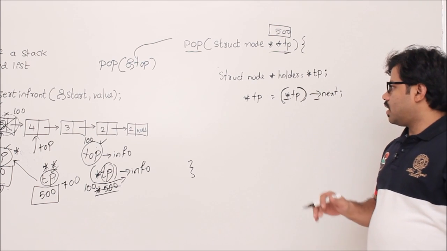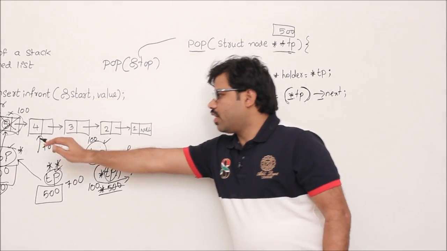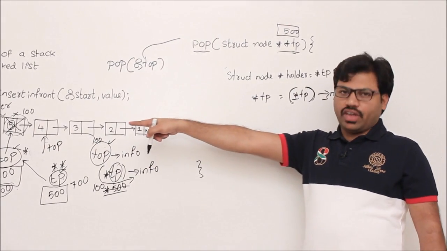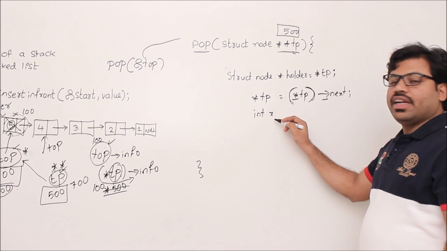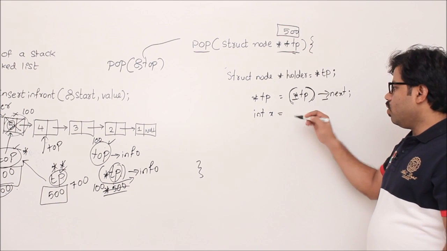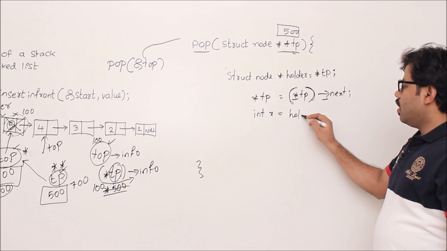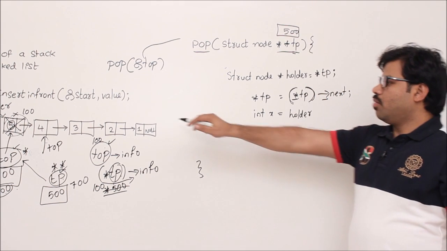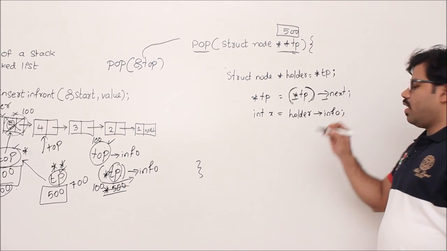Now, after that, what do you want to do? We have incremented our top. The only thing is we want to free it, correct? Before freeing, I would like to take the data. Let's take one more integer variable x equal to the data. Where is the data currently? Holder contains it, correct? Holder is pointed to the first box, so holder->info we can write.